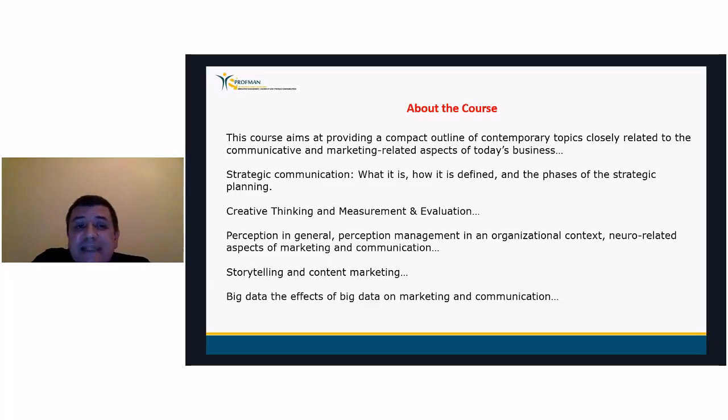It is also designed to help you go through 2 important components of the strategic communication. The first of it, creative thinking, and the second, measurement and evaluation. You will learn the ways of measuring outcomes in a communicative process and think about creative thinking and problem solving in business.